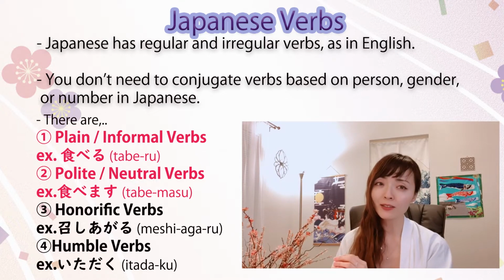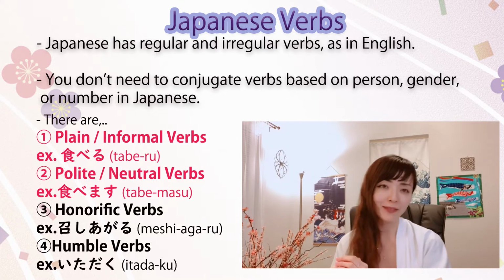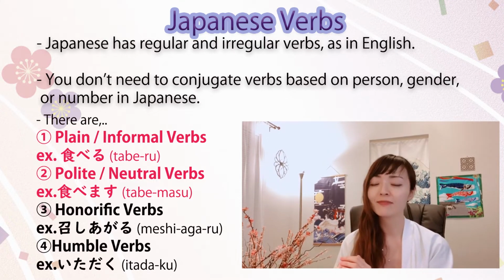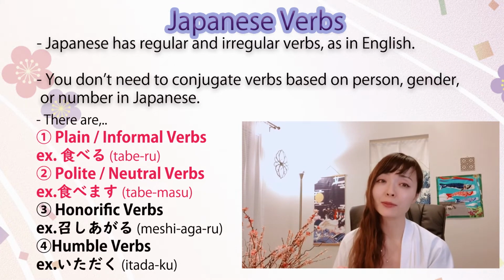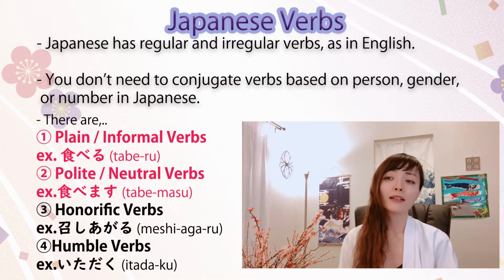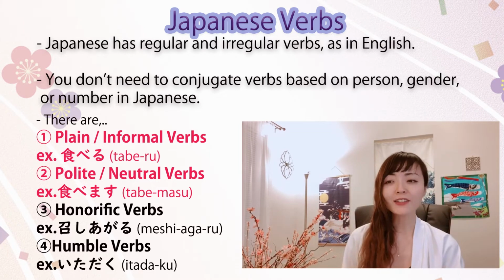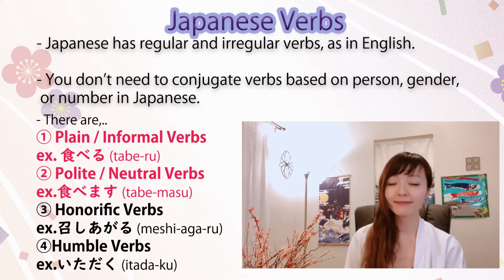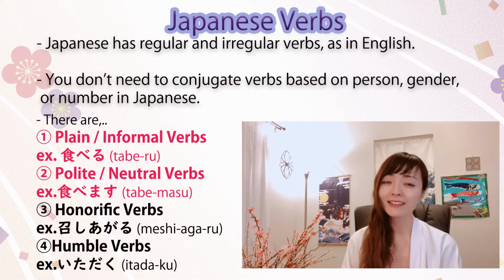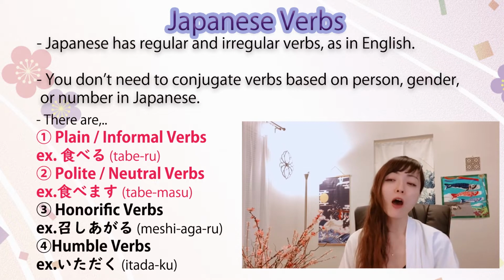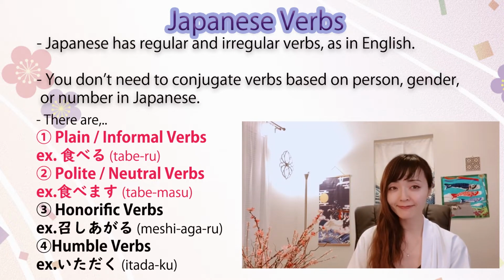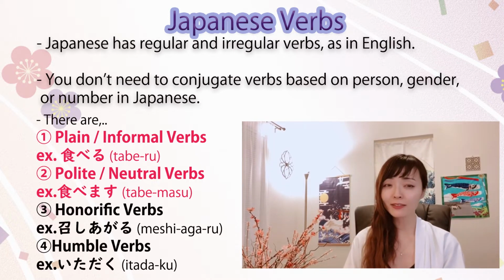For example, to eat in Japanese is taberu, and this taberu is a plain and informal verb. Number 2. Polite neutral verbs. Tabemasu as to eat. Number 3. Honorific verbs. 召し上がる as to eat.